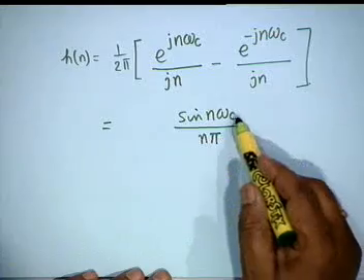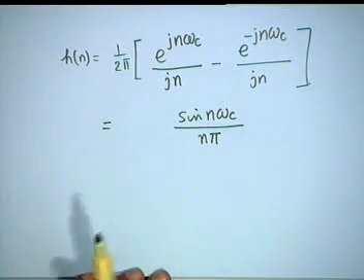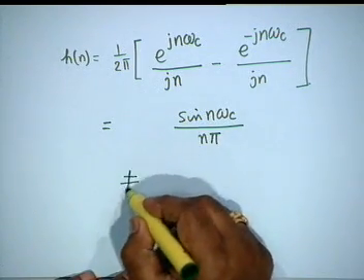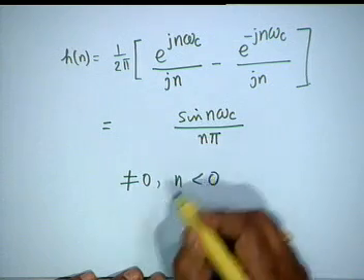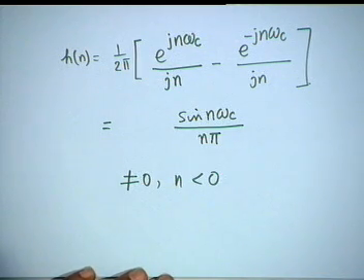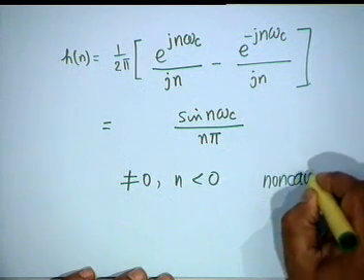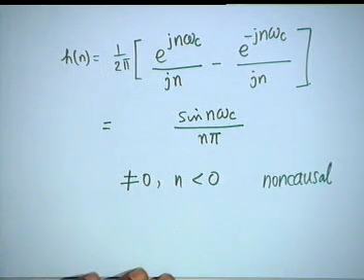No. At n equal to 0, it is 0 by 0 form, so it is omega c by pi. Okay. But this h of n obviously is not equal to 0 for n less than 0, it exists for n less than 0, and therefore, the system is non-causal and therefore not realizable.